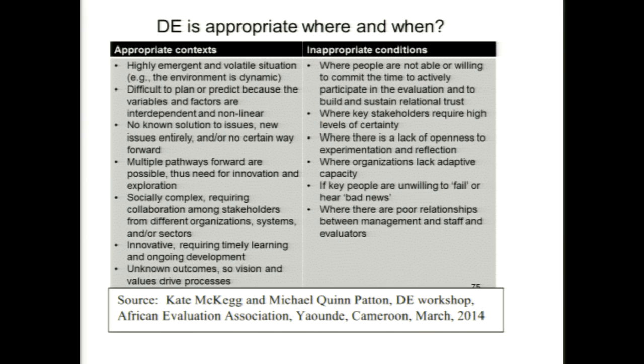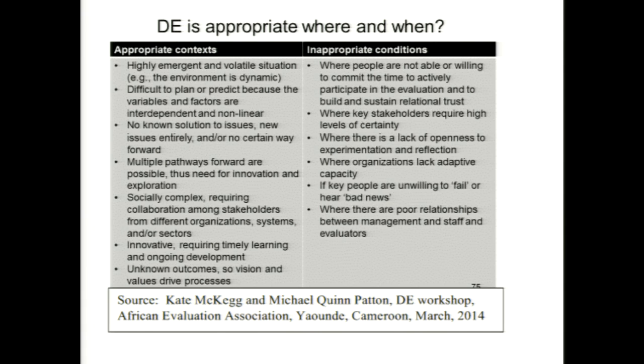Another inappropriate situation is where key stakeholders require high levels of certainty. If someone says, well, I've got to have that outcome and that's the only outcome that I care about and everything else doesn't matter, well, that may not be the best way to do developmental evaluation because remember, outcomes are unknown. Also where there's a lack of openness to experimentation and reflection, when organizations lack the adaptive capacity.